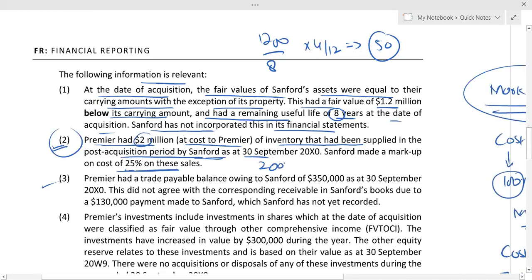We'll take 2000, 25 upon 125 to calculate unrealized profit, which is 400. Number one, the seller is subsidiary. That is why in working number two, unrealized profit will be eliminated from the net asset at reporting date. Second, it is a markup, so 25 upon 125 will give us unrealized profit.